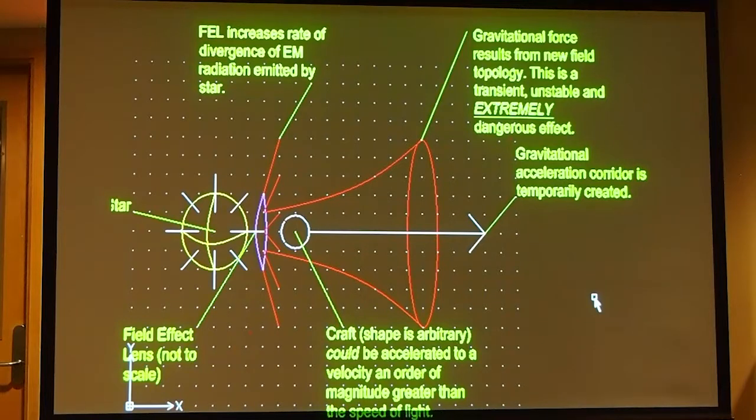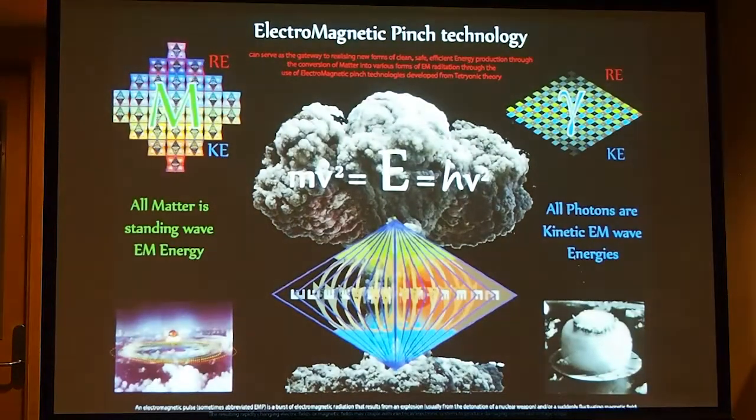So there is a very interesting phenomenon that is uniquely predicted by Tetryonics, as far as I'm aware. I don't think it's predicted anywhere in the standard model. And that is something known as a gravitational electromagnetic pinch. And that looks something like this. So we saw before, matter is a standing wave.